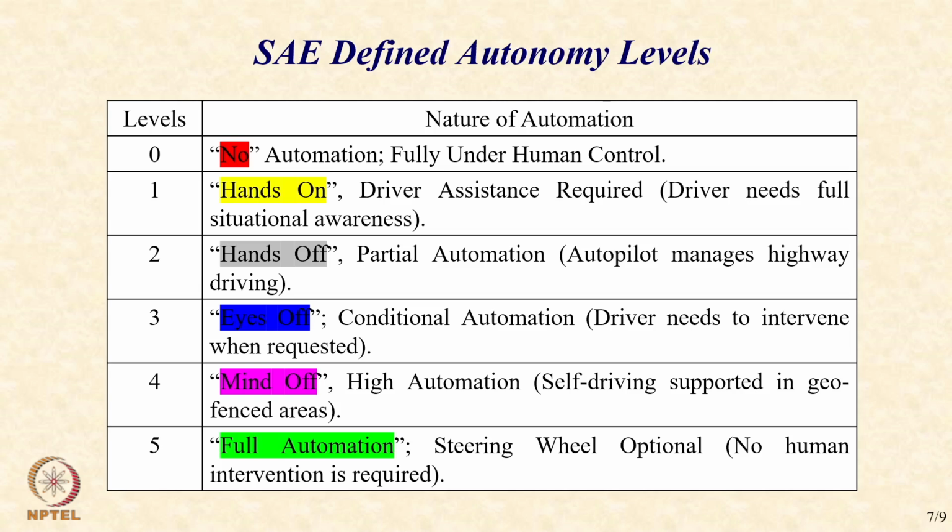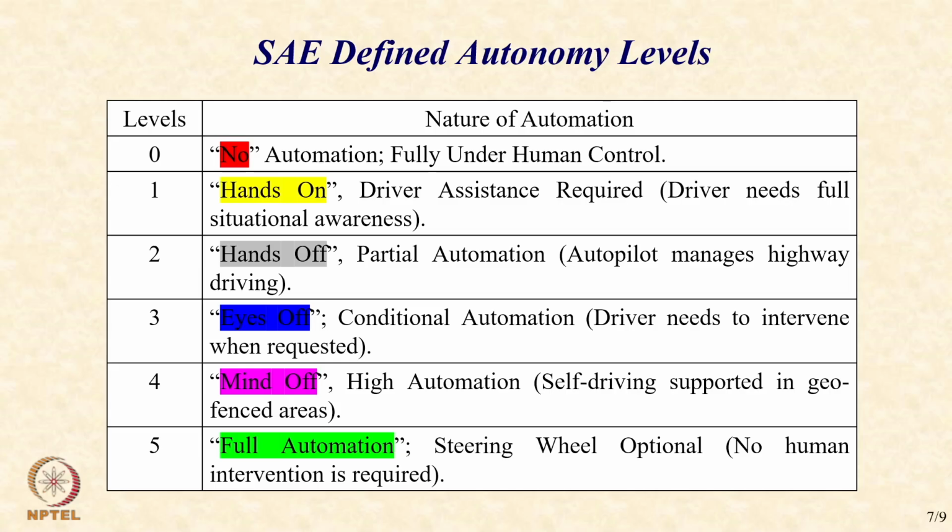So, we start with level 0, which says there is no automation, no autonomy, it is fully under human control, which is currently many of the vehicles that are being driven by us, they are completely under human control by and large.